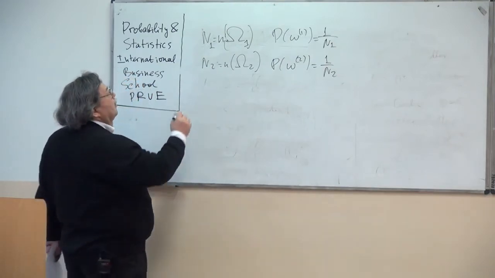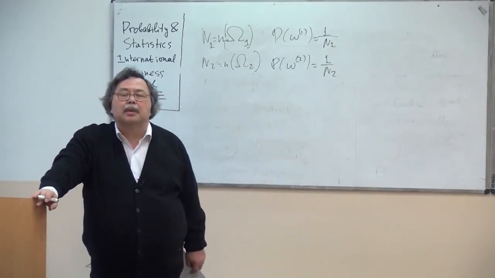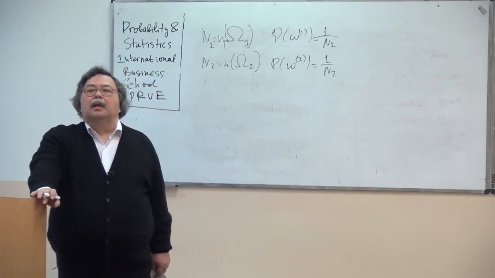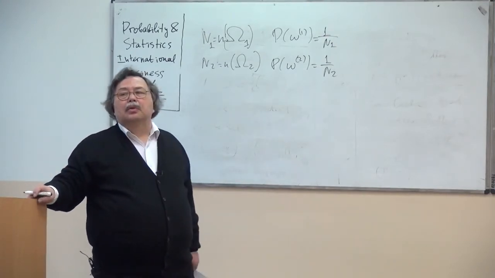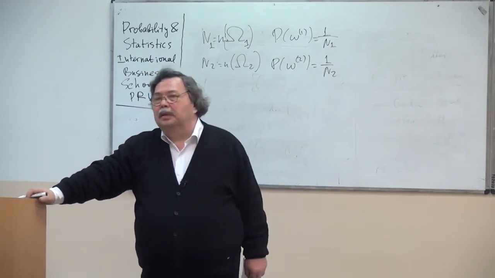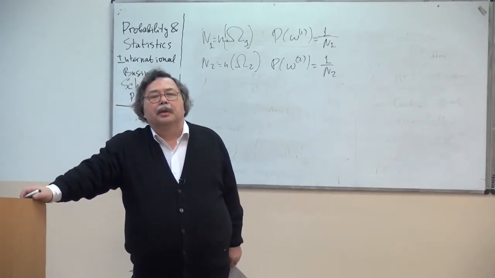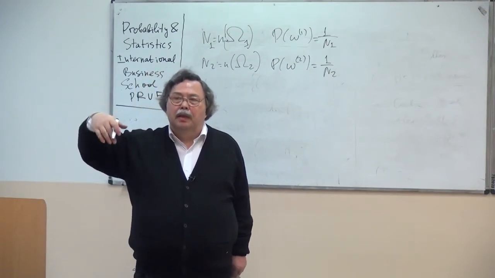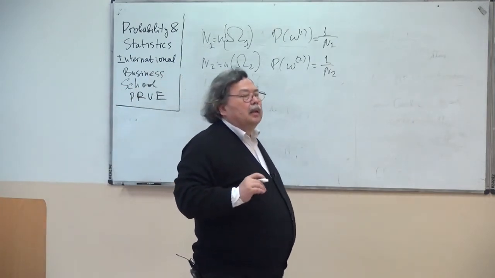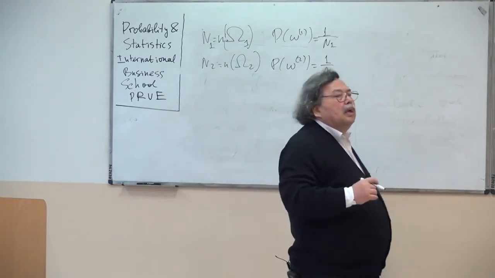But what about the probability of each outcome of the composite sample space, which is a Cartesian product of these two sample spaces? It is also finite, and it also consists of equally likely outcomes, provided these two experiments are independent. This is something that we just discussed. So if the two partial experiments both have finite sample spaces with equally likely outcomes, and assuming on top of that that the two experiments are independent, we get this conclusion, that the resulting sample space, which is the Cartesian product of the two, is also finite.